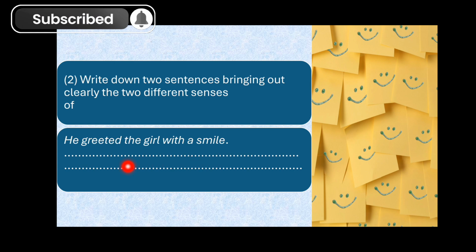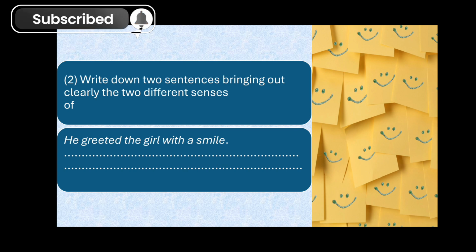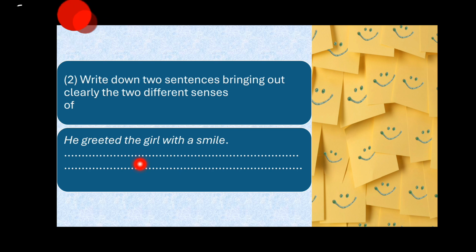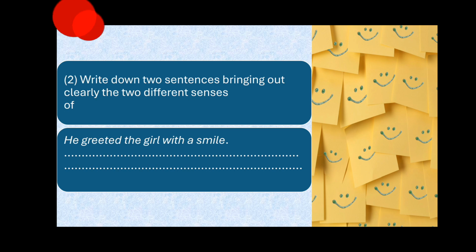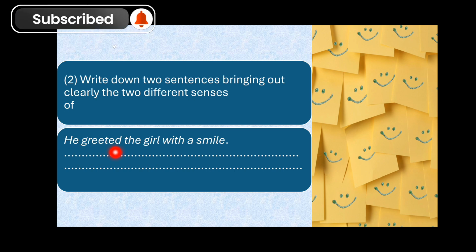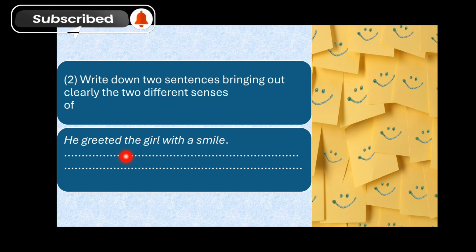Sense number 1, it can be that there was a smile on the face of the person, of the boy. And in the second one, there was a smile on the face of the girl, not on the boy. So it can have the sense that the boy had a smile on his face, and it has also the sense that the girl had a smile on her face. So 2 different senses.